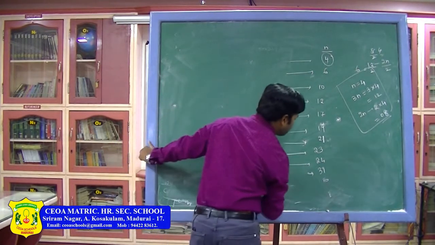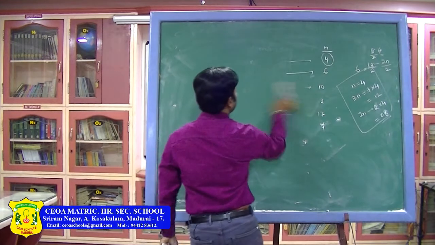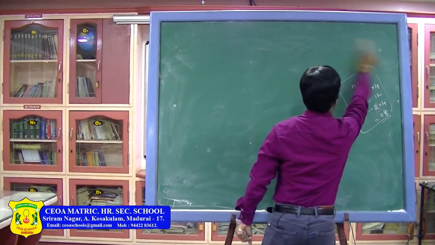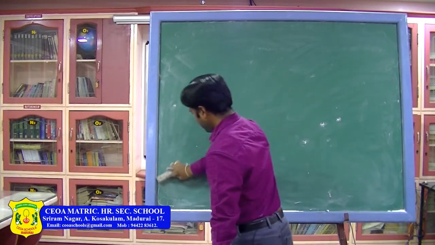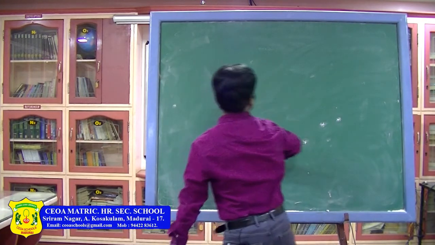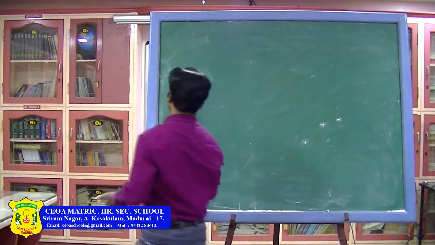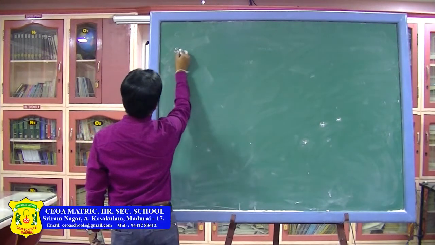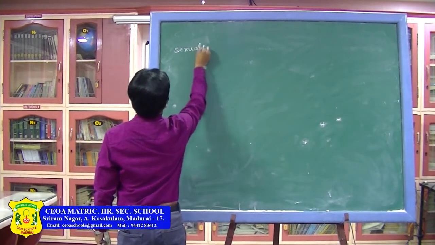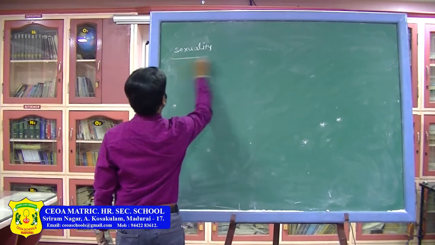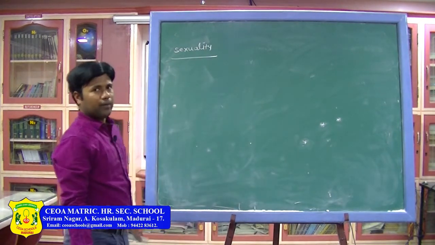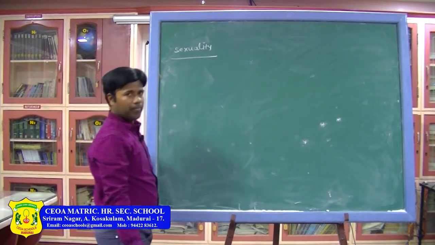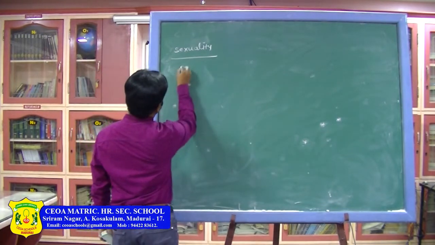Now, gametogenesis after sexuality. Sexuality means which part of the plant performs sexual reproduction, that is the flower.